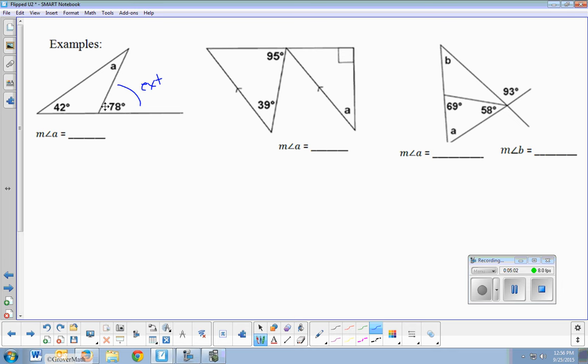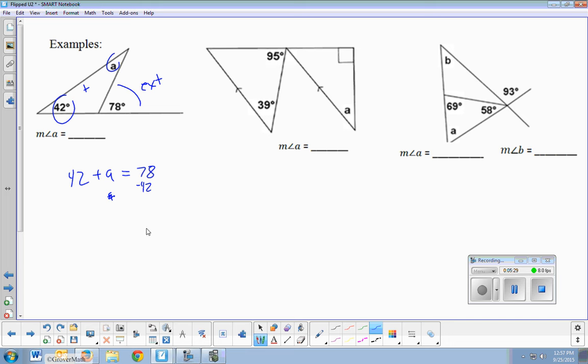So that would be 42 and A. So those angles together. So I can write a little equation here that 42 plus A equals 78. The two interior angles non-adjacent to the exterior, their sum equals that exterior angle. So 42 plus A equals 78, so we can minus 42 on both sides.